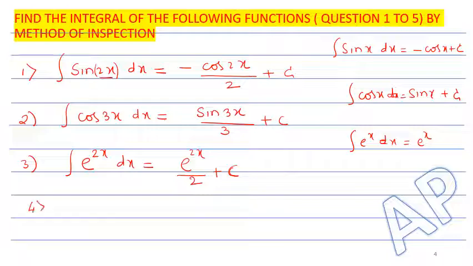So you can look at this question number 4, that is integral (ax plus b) whole square dx. So you can recall integral x to the power of n, ನಾವು x to the power of n plus 1 by n plus 1 ಬರಿತೀವಿ. ಇಲ್ಲಿ ax plus b ಇದೆ, b constant, so you can consider ax plus b as x here.